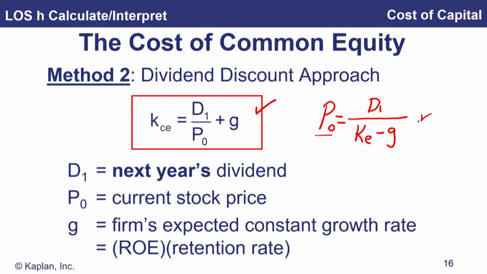But there's some intuition there too, because D1 over the current price, the expected annual dividend over the current price, that's the dividend yield. That's what you're going to earn in percentage terms from dividends if you buy the stock. G, well, that's the rate of growth. That's the rate at which dividends will increase and equity increases and earnings increase.